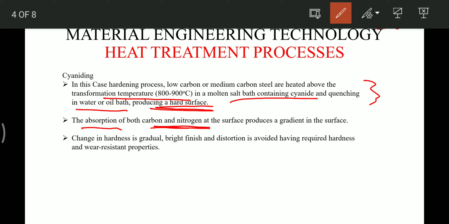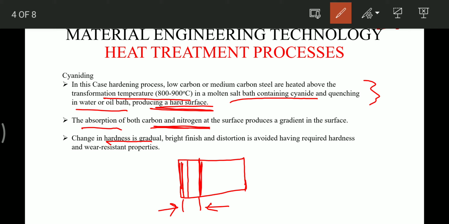So this cyaniding process basically changes the hardness of the material, and this hardness takes place gradually. It means that if this is the surface, and this is the thickness of the surface which is hardened, then this part will be much harder as compared to this, and this part will have more hardness as compared to this.